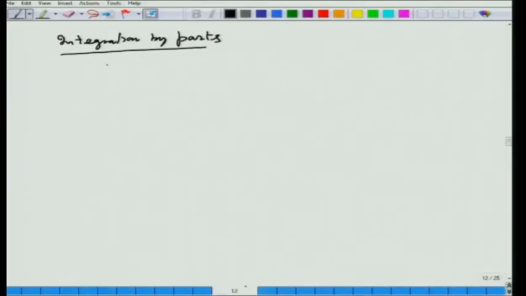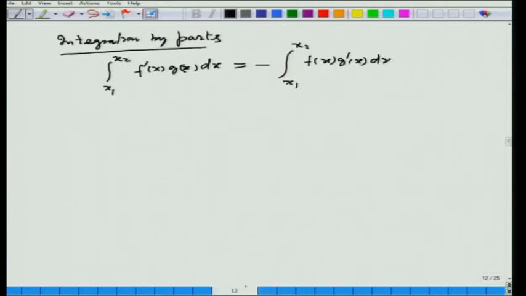Like you have the integral x1 to x2 of f prime x g x dx. This is equal to minus the integral x1 to x2 of f x g prime x dx plus f x g x evaluated at the boundary points x1 and x2.